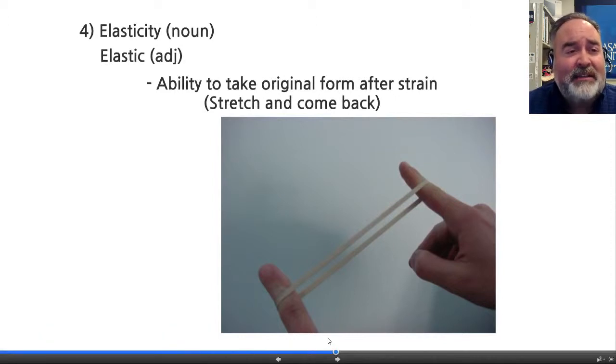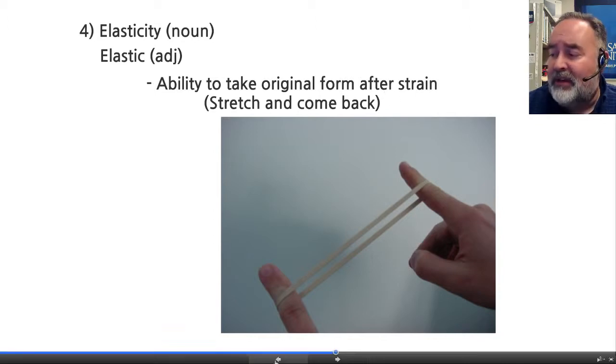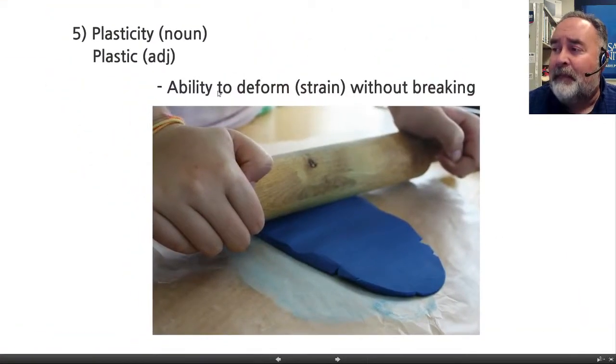Very closely related to that is elastic or elasticity. Again, elasticity is the noun, and that's the ability or the capacity to have the adjective elastic. And again, here's the textbook. It's the ability to take original form after straining. So back here, we talked about the ability to deform or change its form without breaking.